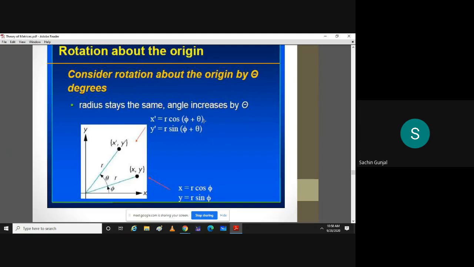Correct? Okay, so please write it down. x dash is equal to r into cos phi cos theta minus sin phi sin theta.